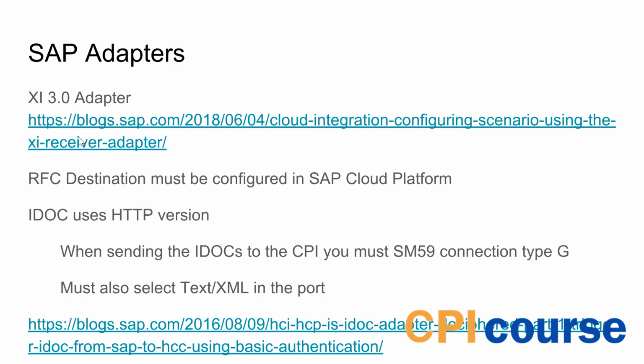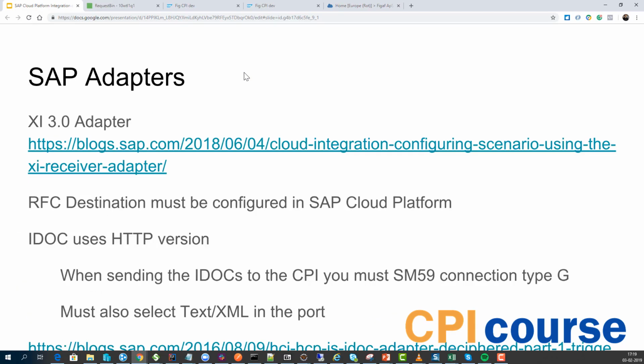If we look at some of the SAP adapters, there's the XI adapter. That's the standard proxy adapter from SAP that allows you to get the data and understand what's going on in it. You also have the RFC. You must specify the destination you want in the cloud cockpit.